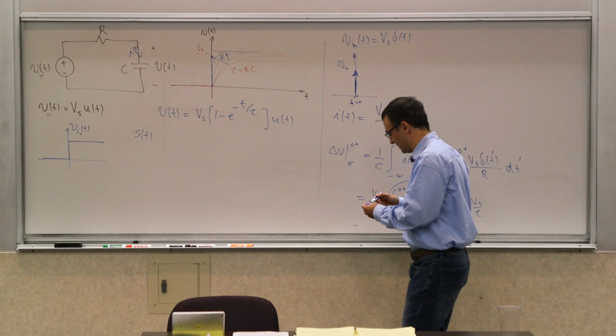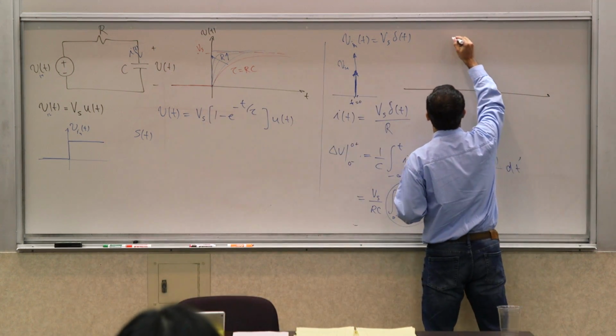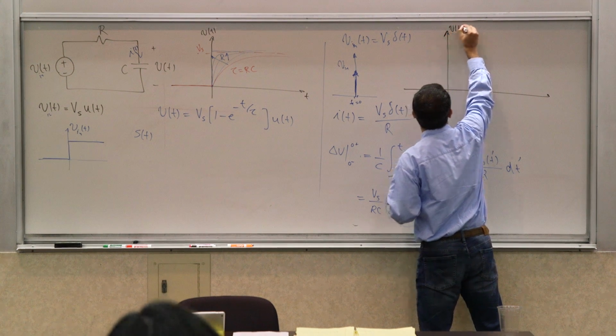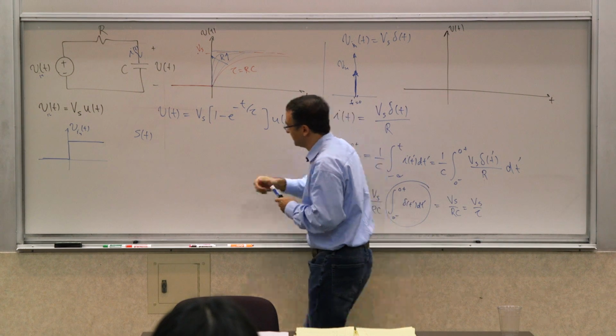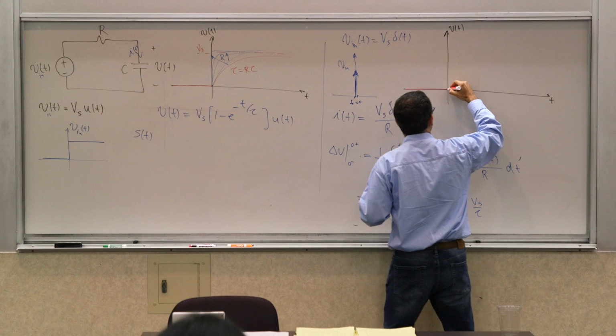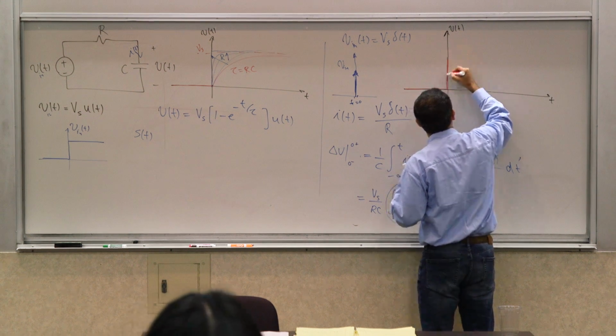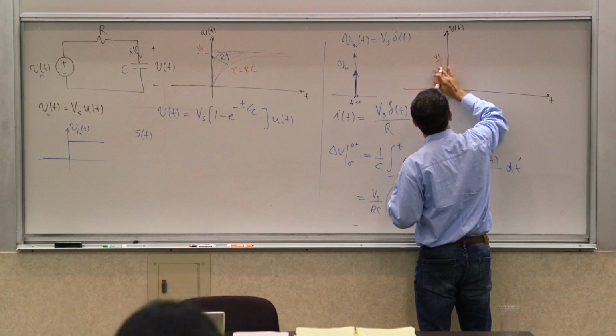So this jumps. It says that the voltage V of t versus t starts from 0. At t equals 0, though, it jumps up instantaneously to Vs over Rc, or Vs over tau.